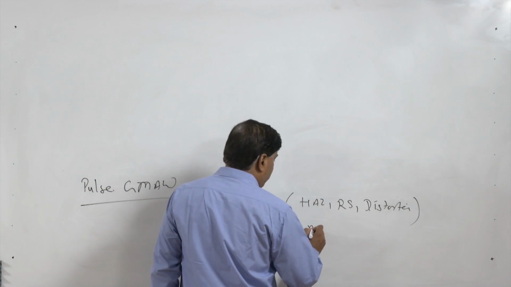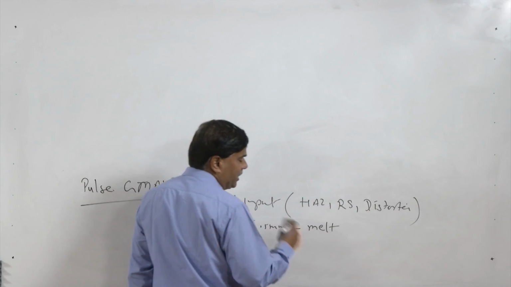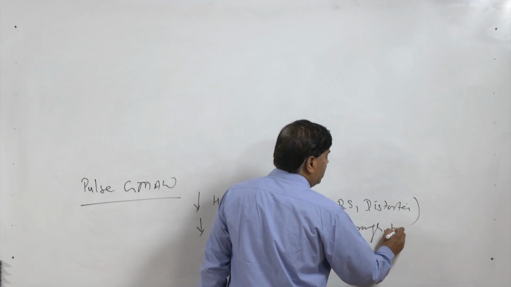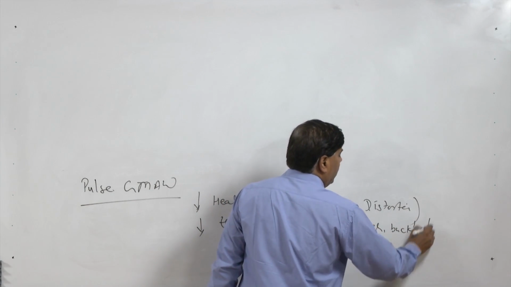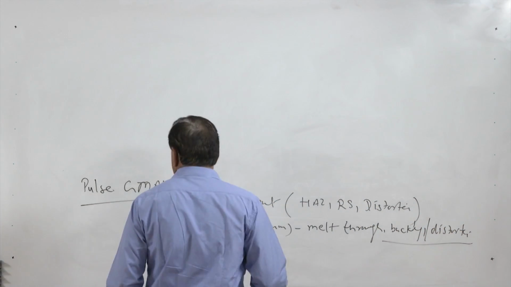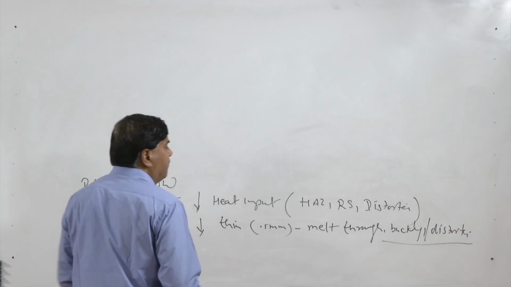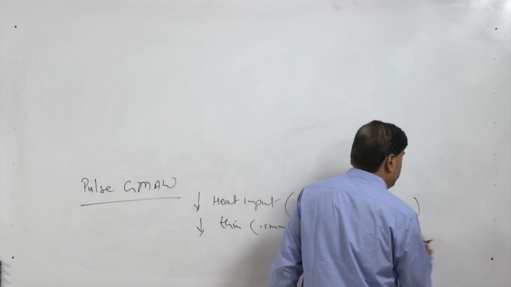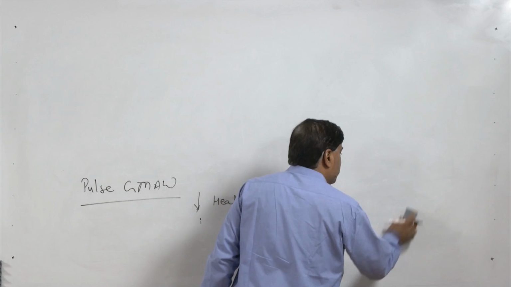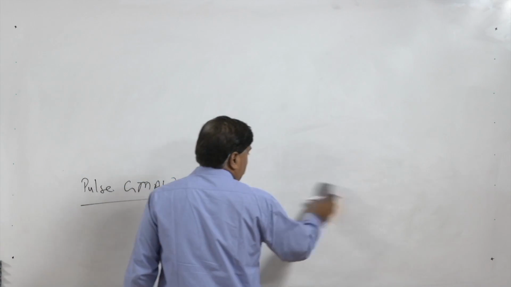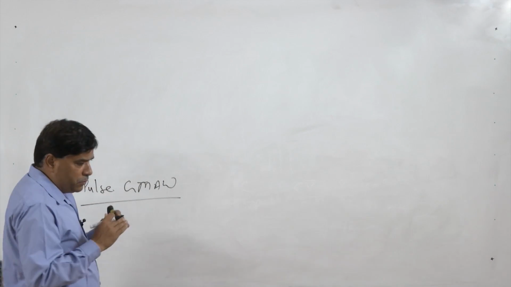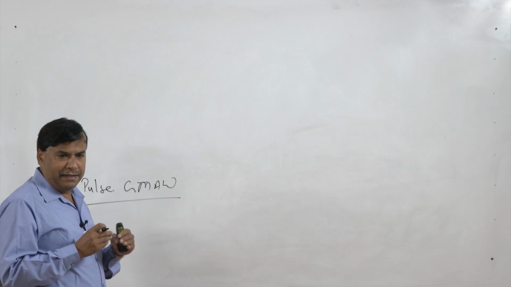In the welding of thin sheets, the melt through situation will be there, and then there will be buckling or distortion, achieving a shape which is not desired, meaning warping and buckling. This distortion of the sheets will lead to the development of joints which will not serve the purpose due to the change in size and shape. So this is what we conventionally get in case of conventional welding.